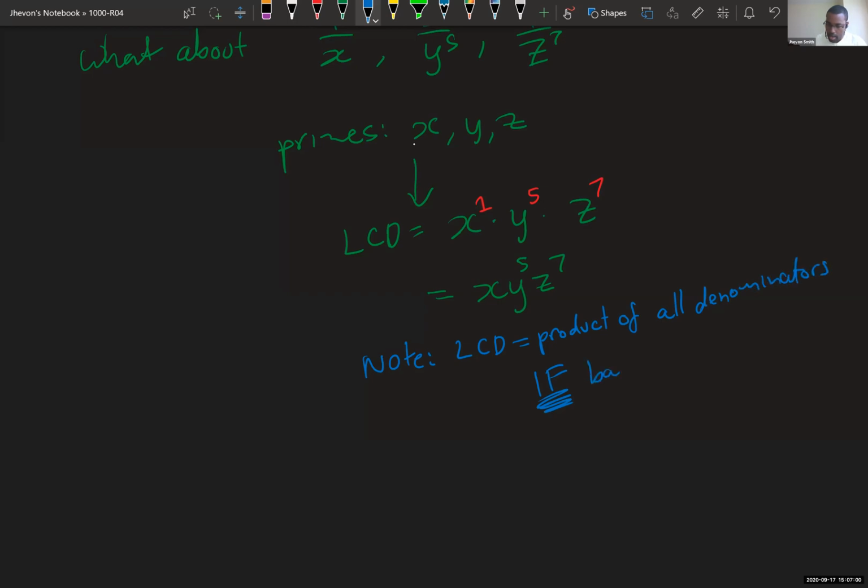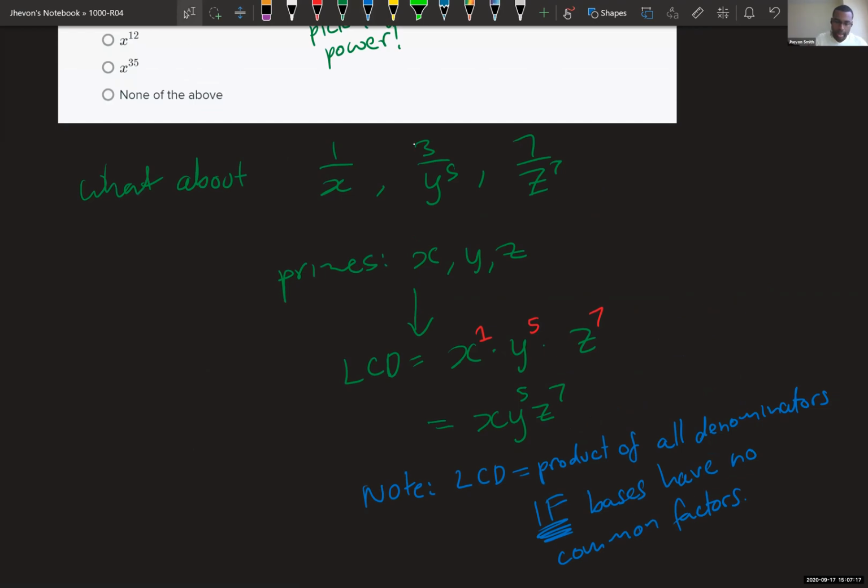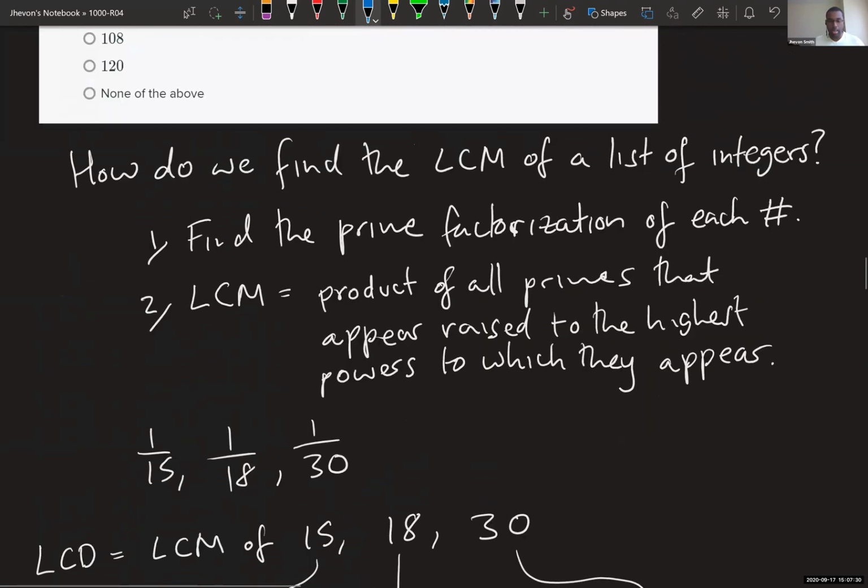So here, if I had an x, then a y to the 5th, and a z to the 7th, those have no common factors, so the LCD is actually just the product of all of them. But it's still obeying this two-step rule that we have here. That's always the one you're going to obey to figure out the answer.